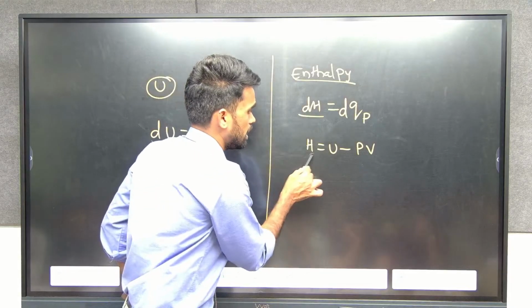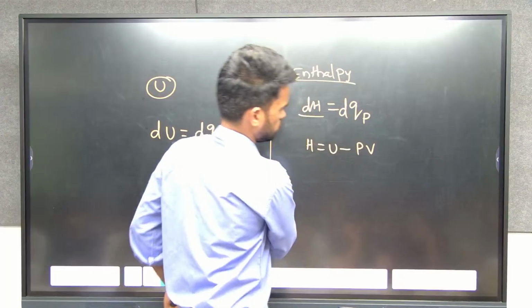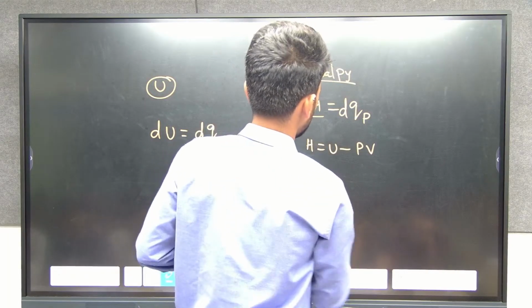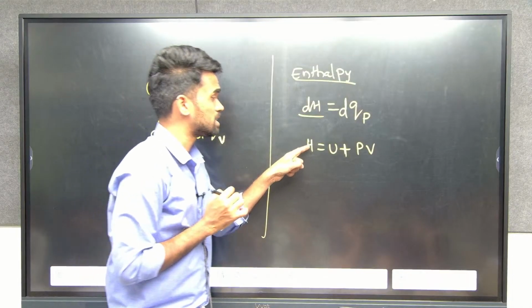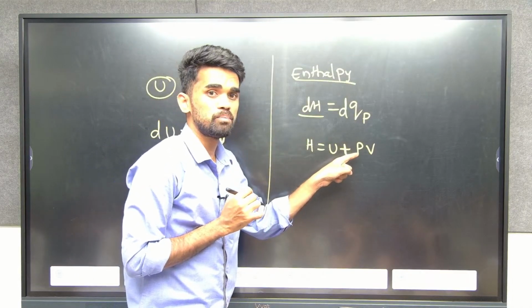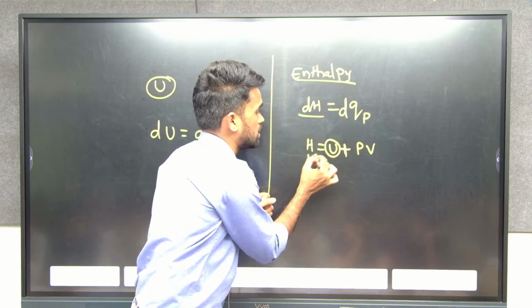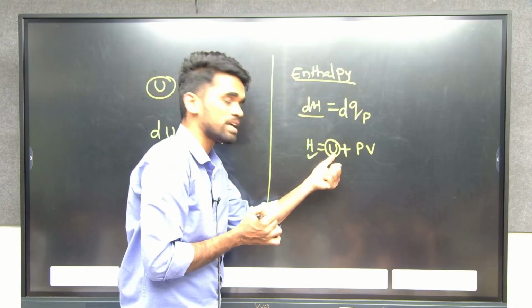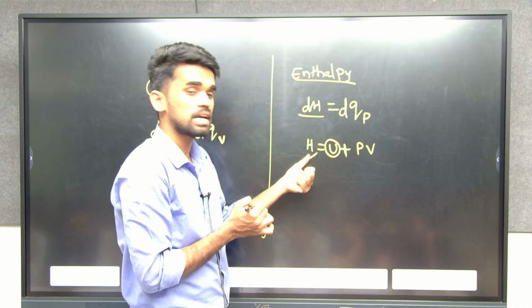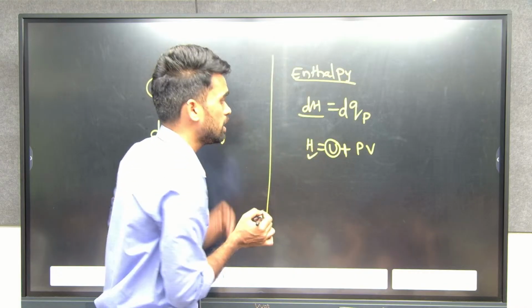See, again, enthalpy includes U plus PV. If you are unable to calculate U, how can you calculate the exact value of H? We do not have the exact value of U, so how can we calculate H? Therefore, the exact value of H also cannot be calculated.